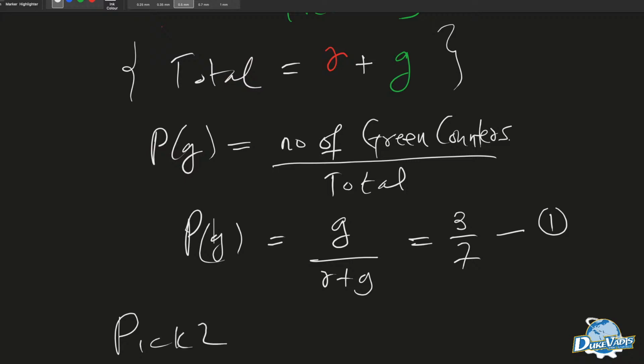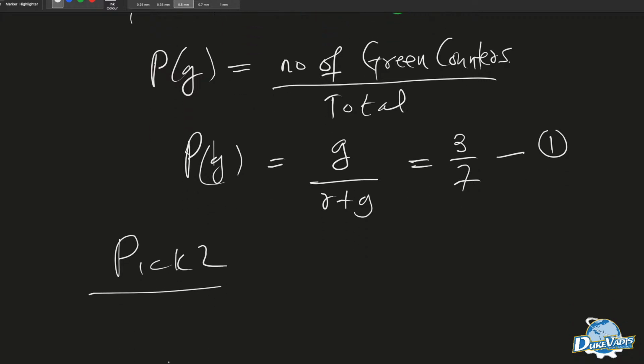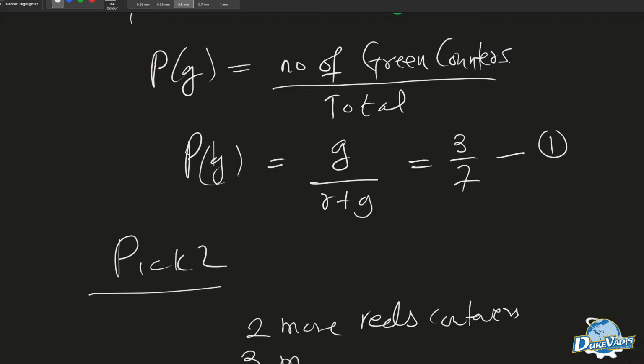Pick 2 says that there were 2 more red counters and 3 more green counters.